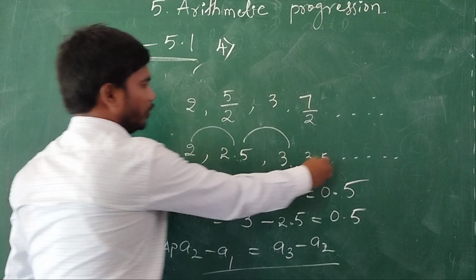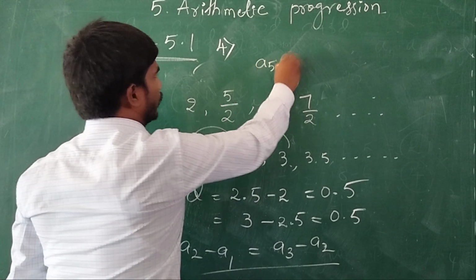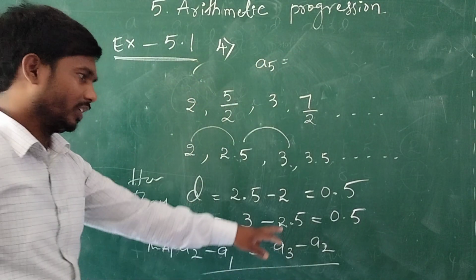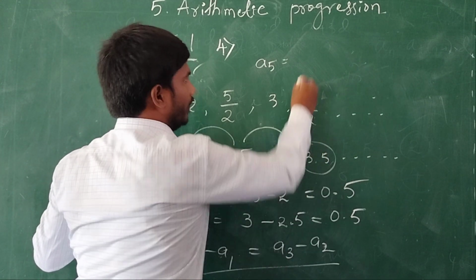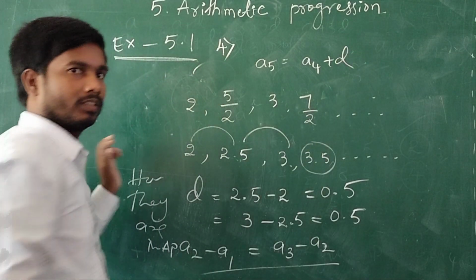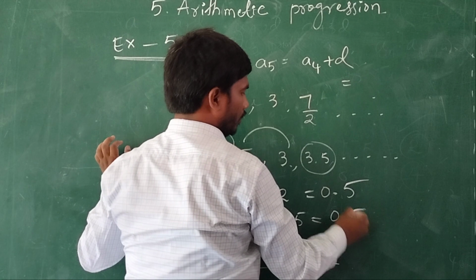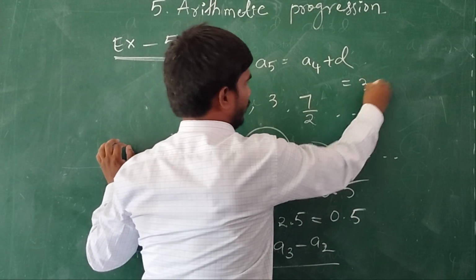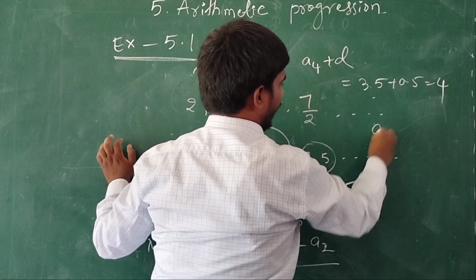Now the next three terms. 1, 2, 3, 4. A5 is simply A4 plus D. The A4 value is 3.5, plus 0.5, that is 4. A5 value is 4.